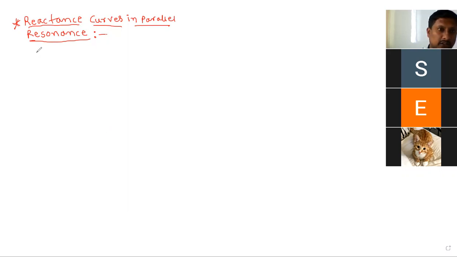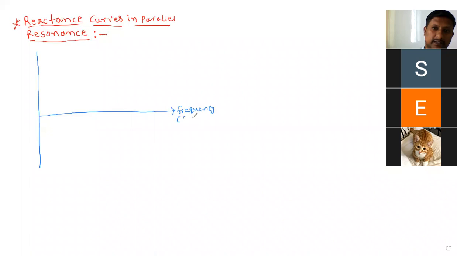First of all, I will draw the graph. I will consider the X-axis and Y-axis. On the X-axis, obviously, there is the frequency F in hertz.